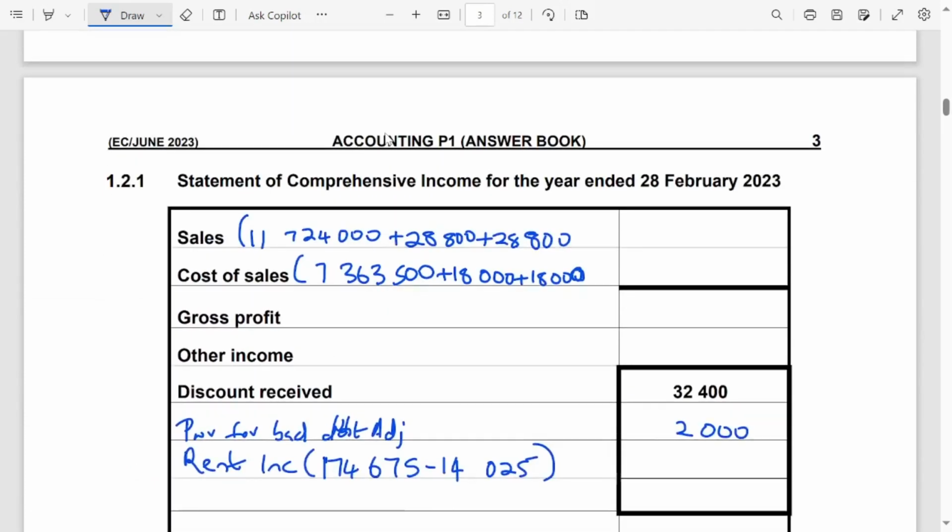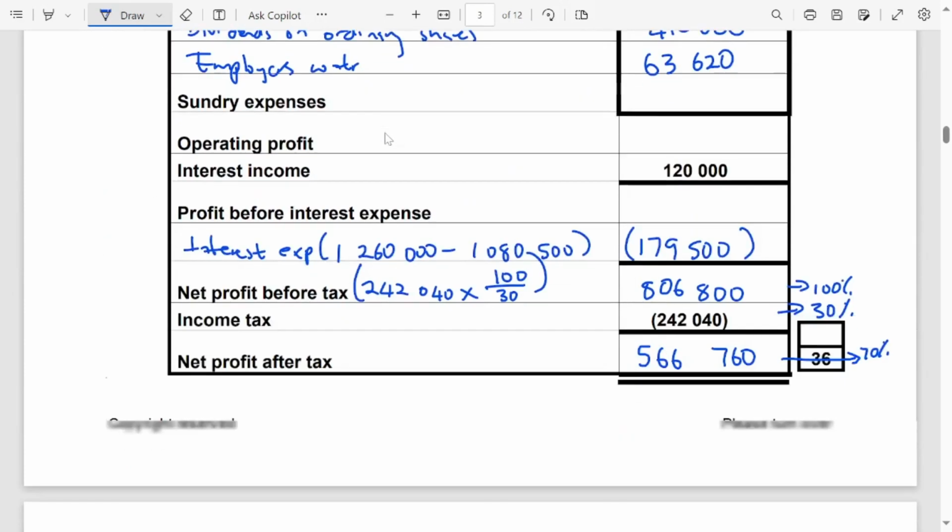So let's start here. To find the profit before interest expense, because we are given the interest income, we just have to come back here. So can we find it? Yes, we can.